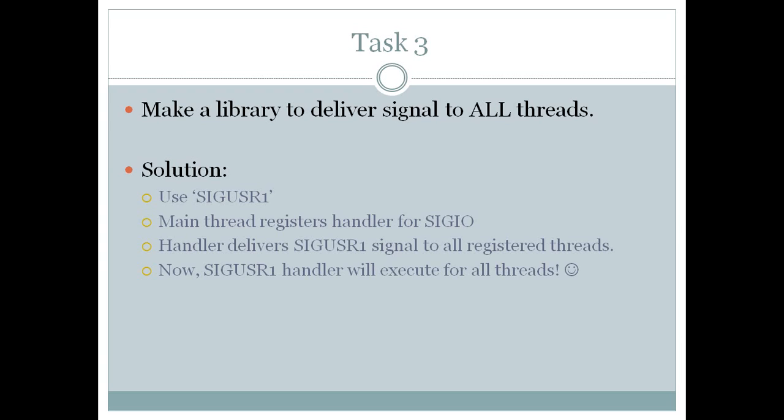How can I do this? In the provided solution, I am using a SIGUSR1 signal, and I register a SIGIO handler for my main thread. This SIGIO handler will trigger a SIGUSR1 signal for all the registered threads. In the end, the SIGUSR1 handler function will get called for all the threads.